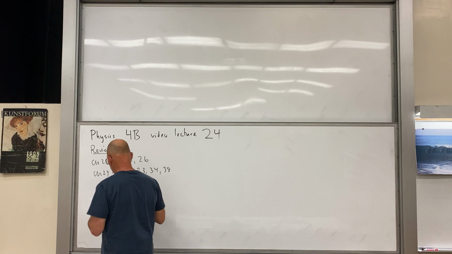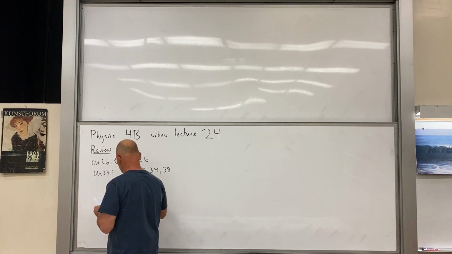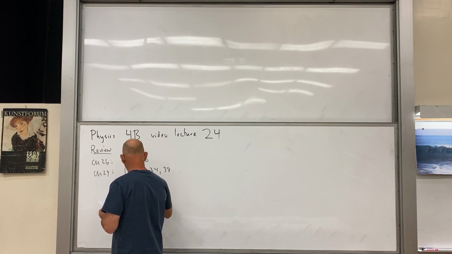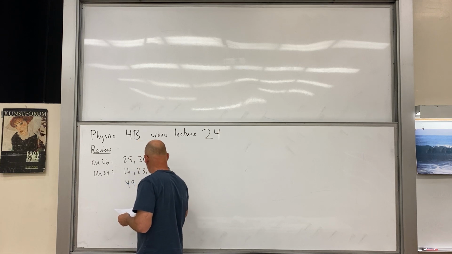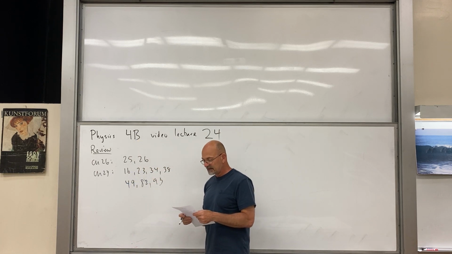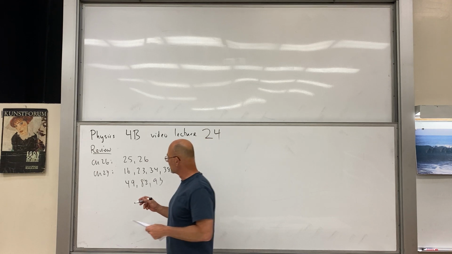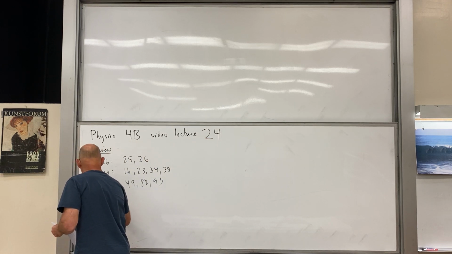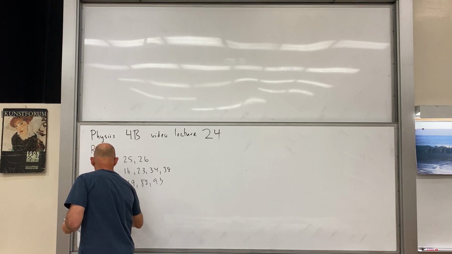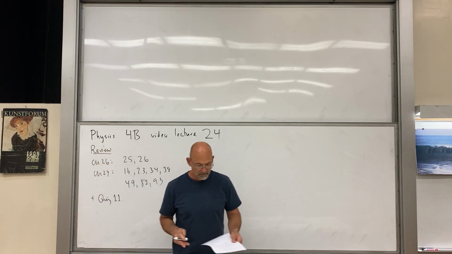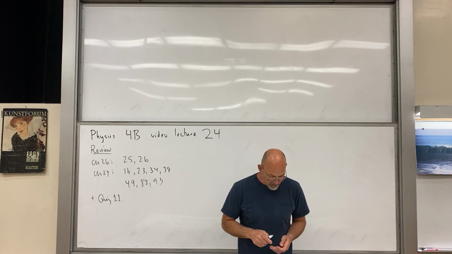And then from the next homework, 49, 82, and 93. And then in addition to all that, quiz number 11 plus quiz 11. So let's see what we can do about these.